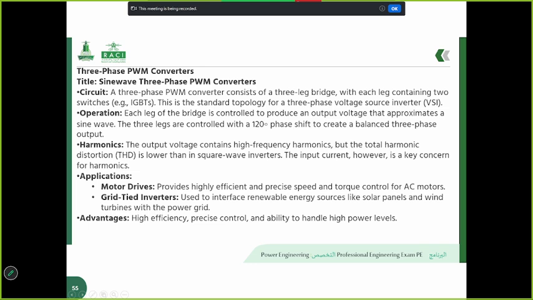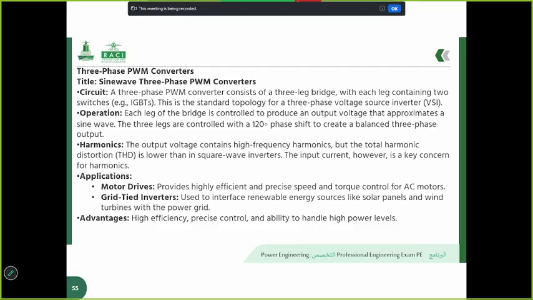Okay, this slide, sine wave three-phase PWM converters, describes the operation, applications, and harmonic characteristics of three-phase inverters that use pulse width modulation. A three-phase PWM converter is a crucial component in modern power electronics, acting as a bridge between a DC source and a three-phase AC load.